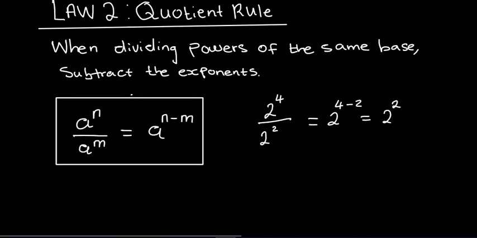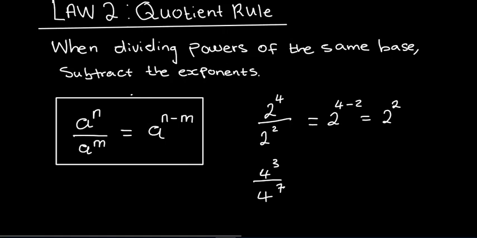Then what if you have, for example, maybe 4 to the exponent of 3 divided by 4 to the exponent of 7?